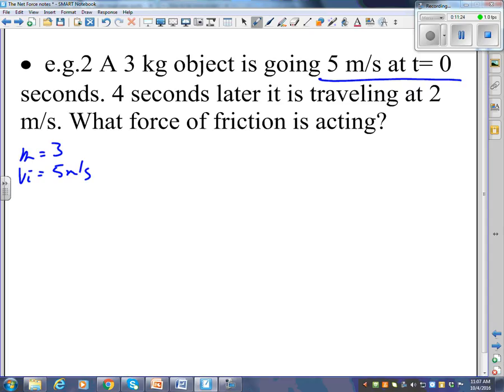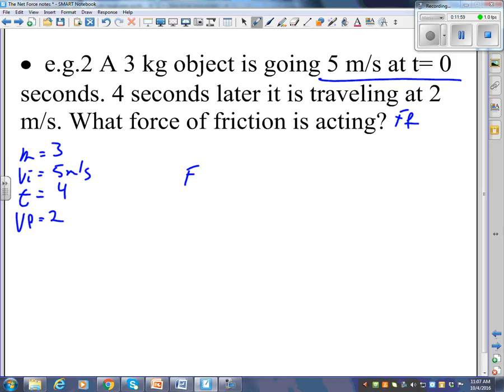The start of the interval is 0 seconds. We always start with 0 seconds. 4 seconds later, the time elapsed, delta t, is 4. It is traveling at 2 meters per second. What is that? The final velocity of the 4-second interval. What force of friction is acting? What are they asking for? FF. None of these are any forces.